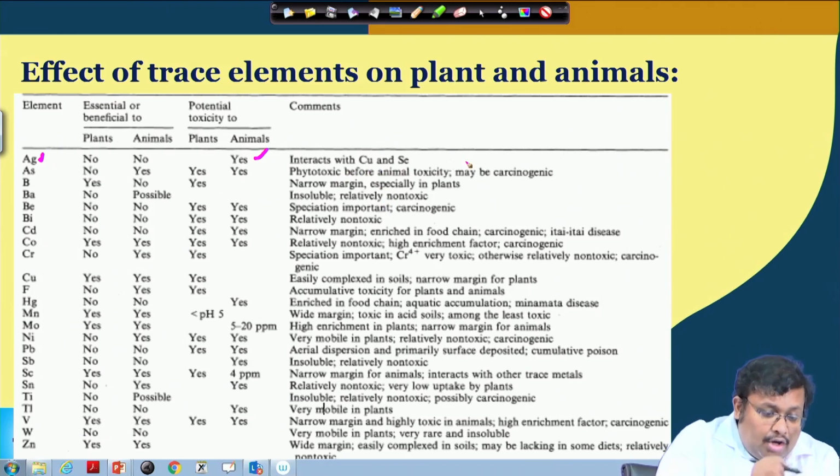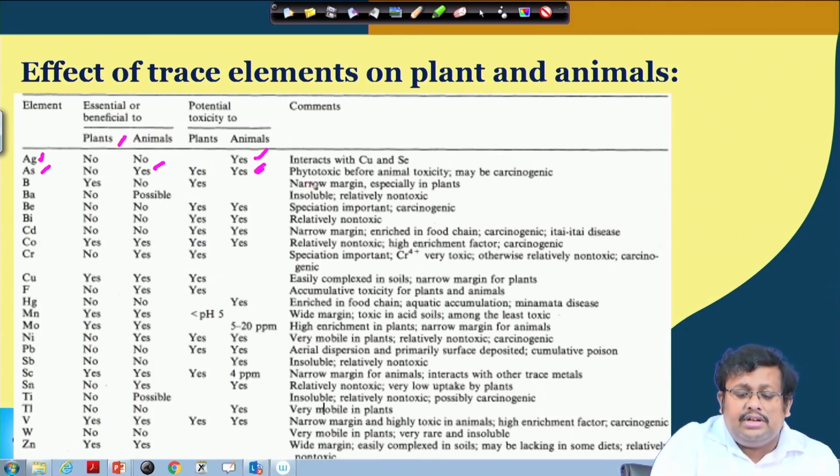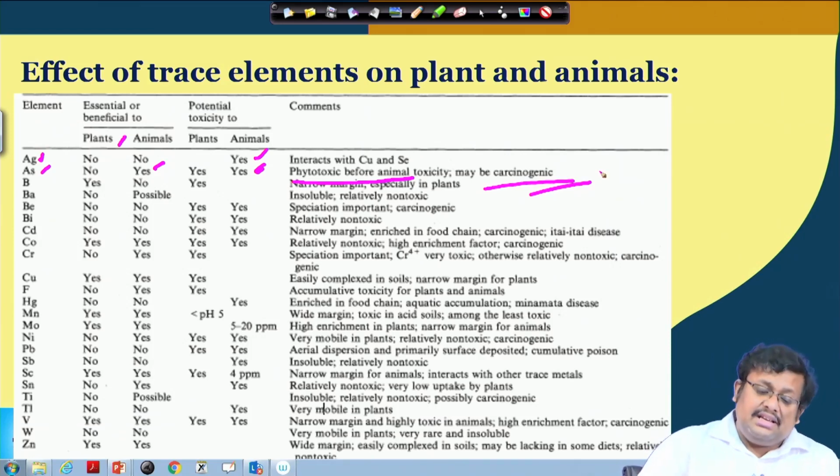If we talk about arsenic, it is not essential to the plant, but it is essential to animals, and it also produces potential toxicity for both plants and animals. It is phytotoxic before animal toxicity and maybe also carcinogenic. Long term accumulation of arsenic in our body shows different types of cancers.